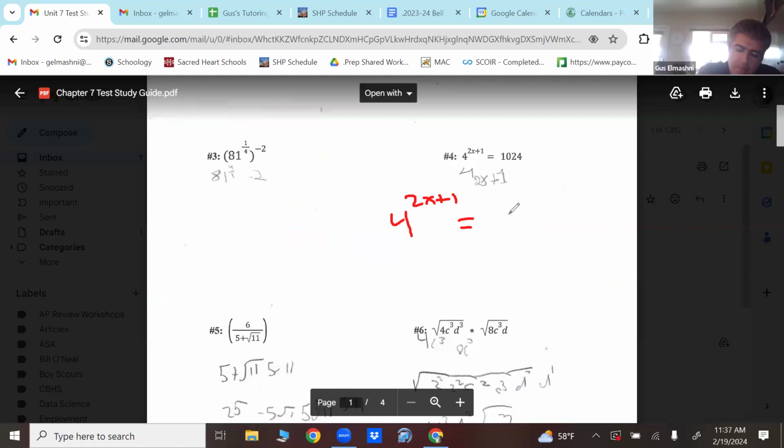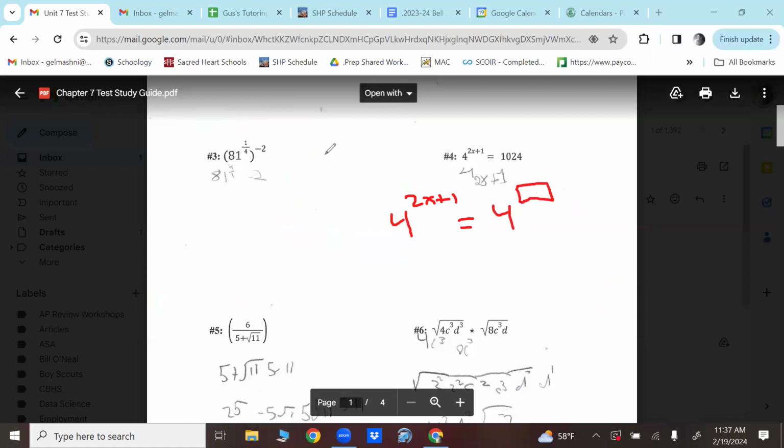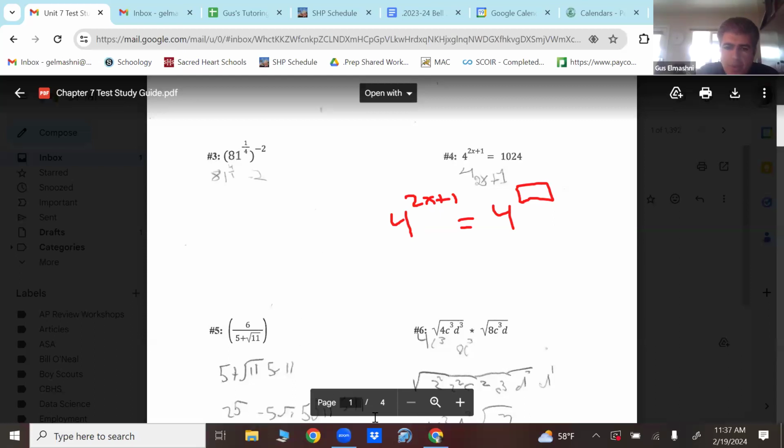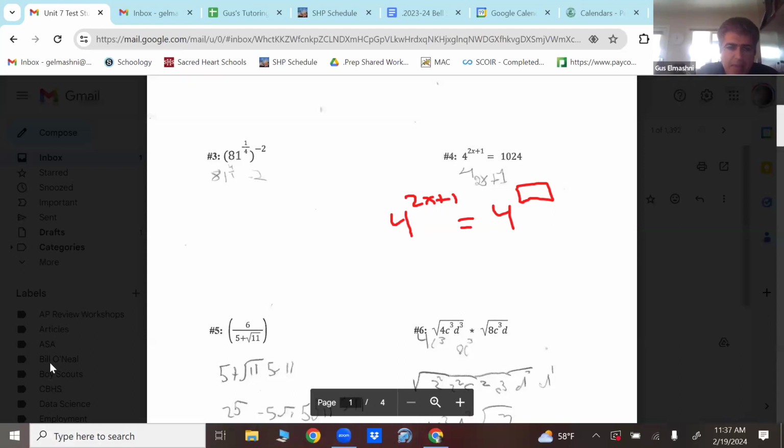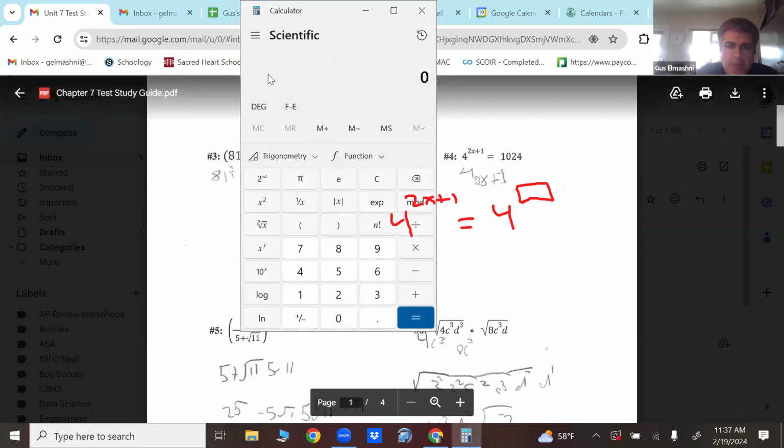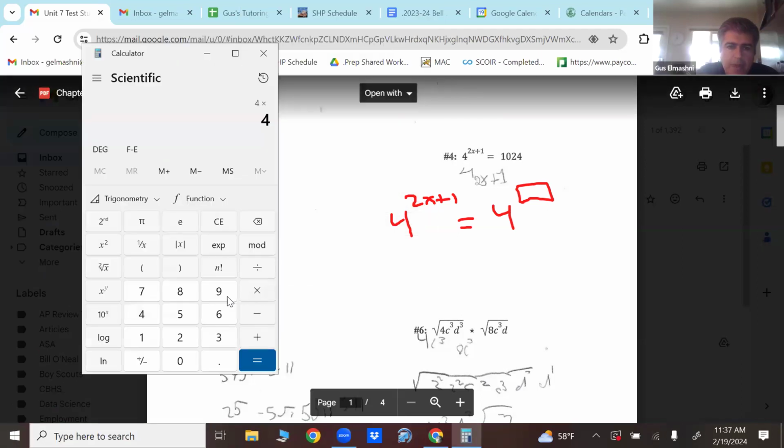So for 1024, kind of tricky. You want to get 1024 as 4 to some power. It's not terribly obvious what you would raise it to, so that's why I'm just going to get a calculator and just say, well, 4 times 4, and just keep multiplying by 4.